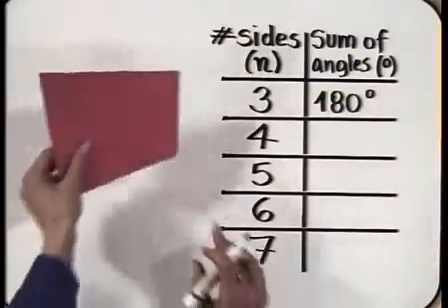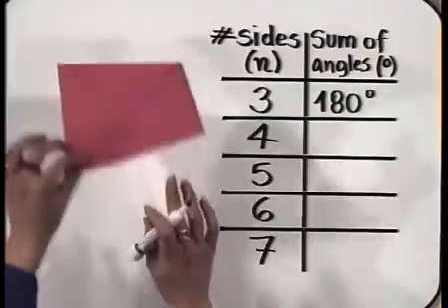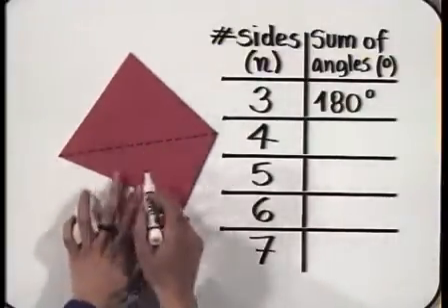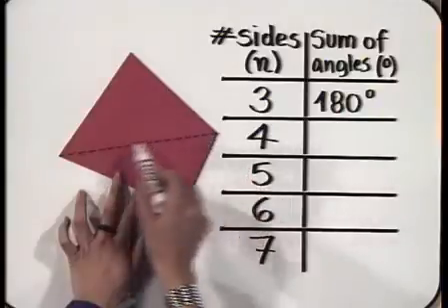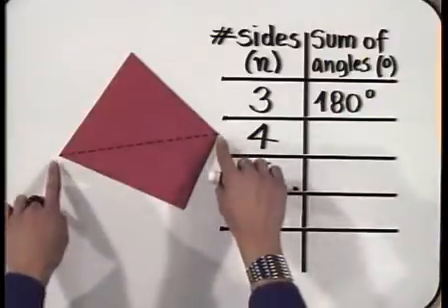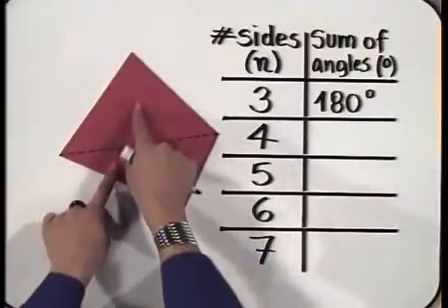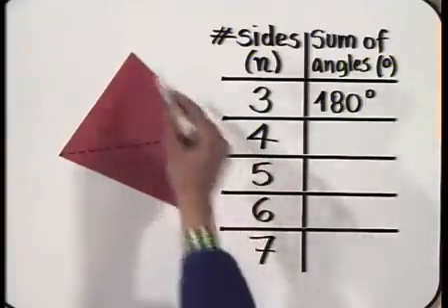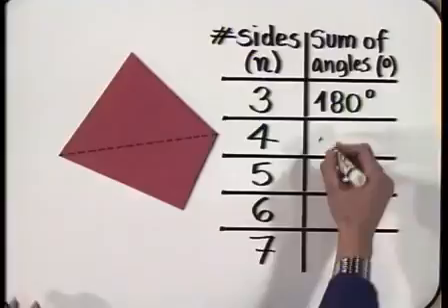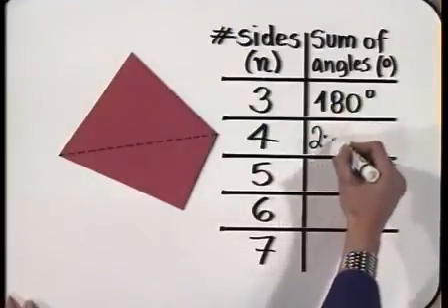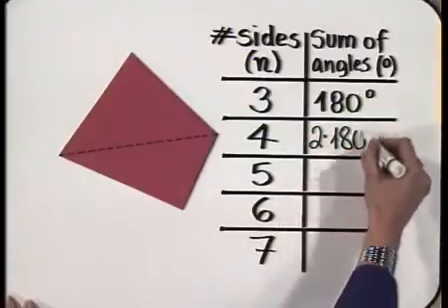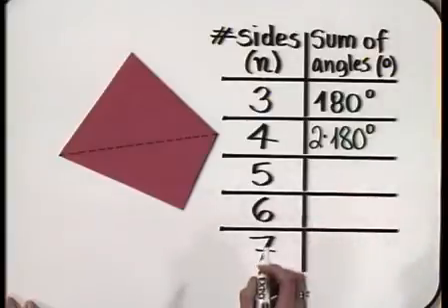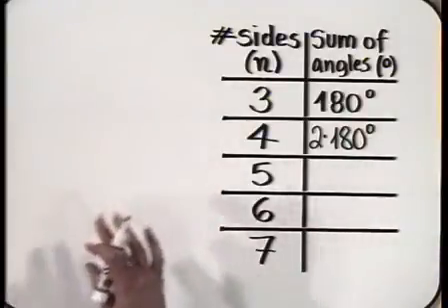If I go to the quadrilateral and think of it as 2 triangles, I connect 2 opposite vertices with a line. I have 1 triangle and 2 triangles, so the sum of all those angles would be 2 times 180, but that's 360. Let's go to a pentagon now.